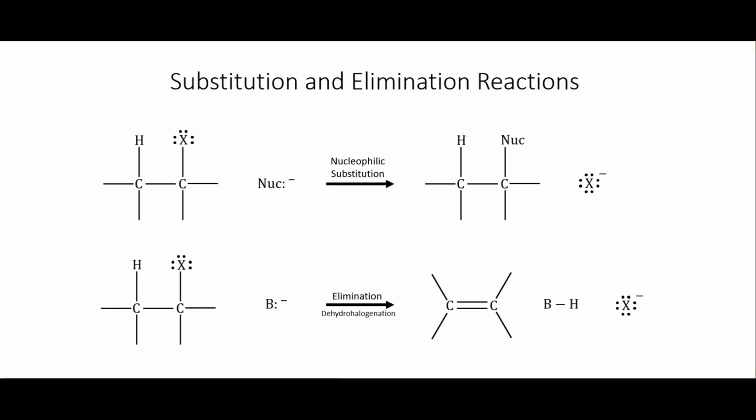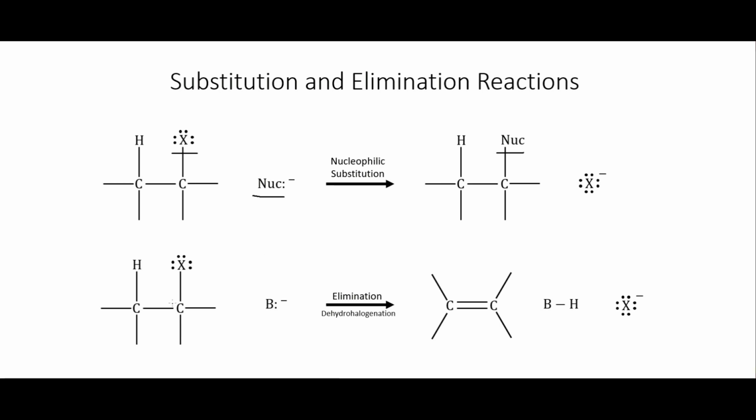And so what we're going to be talking about in the next several videos are these substitution and elimination reactions. For substitution, there are two mechanisms, the SN1 and SN2. Then for elimination, there are two reactions, the E1 and E2. In substitution, we're just adding this nucleophile. This halogen here is going to be leaving, so we call it a leaving group, and we're replacing it with this nucleophile.